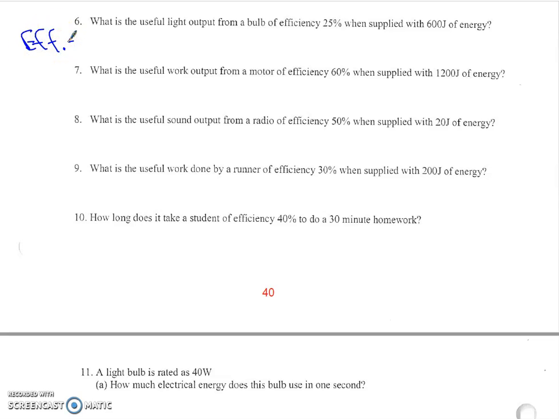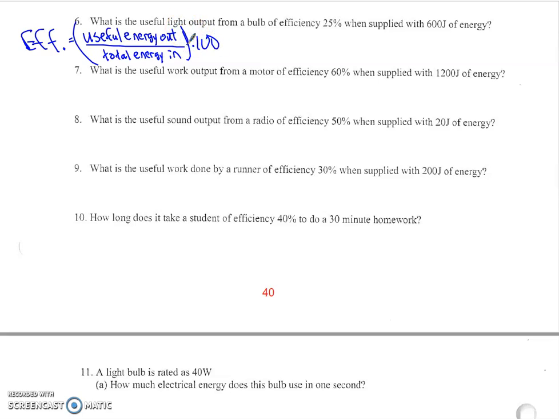Efficiency equals useful energy out divided by total energy in, and then we were multiplying all that by 100.